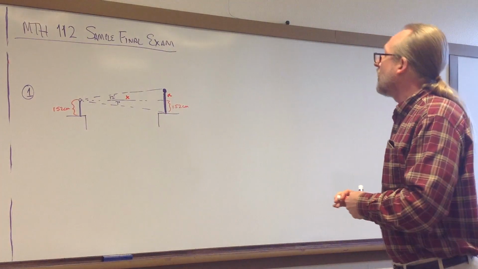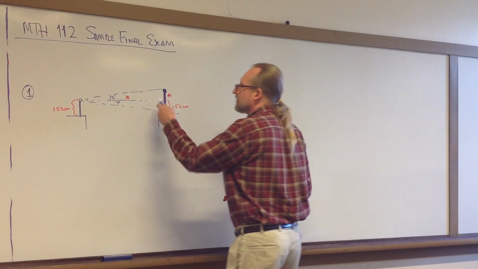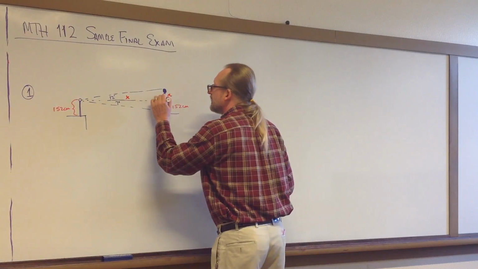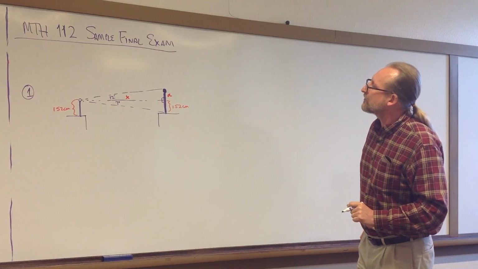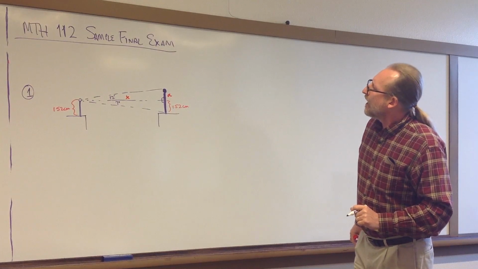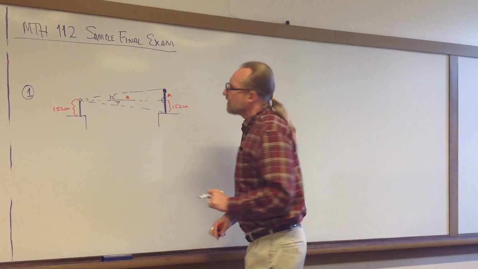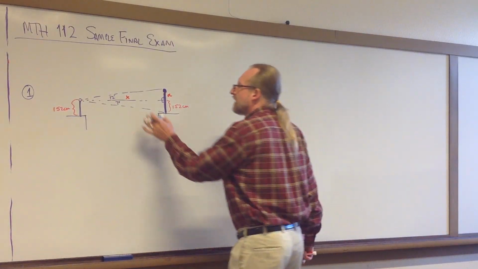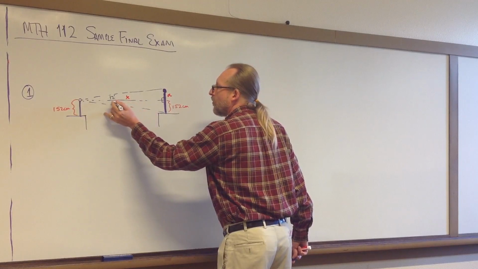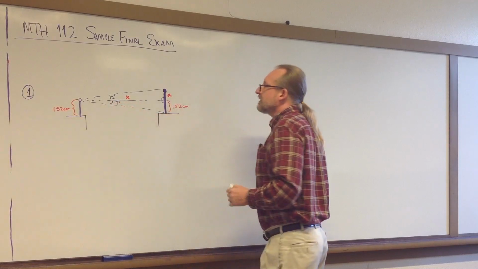Okay, so let's see. Here in this triangle, the key to this is that those are right angles right there. So we're working with right triangles here. Beyond that, we've got this triangle here where we know one of the angles and one of the sides.